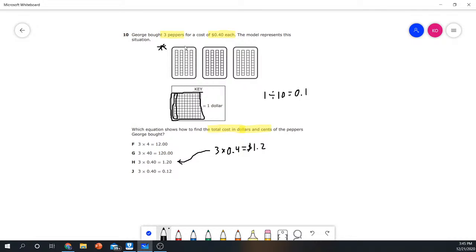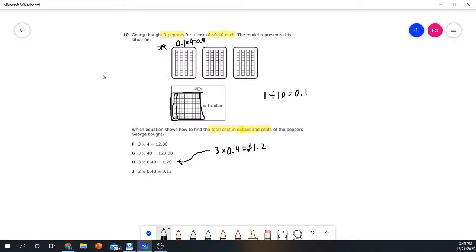So you see that in each little box there are 4 of these columns. That means there is 0.1 times 4 equals 0.4, and you see that there are 3 different boxes, each with 4 columns, equivalent to $0.4.